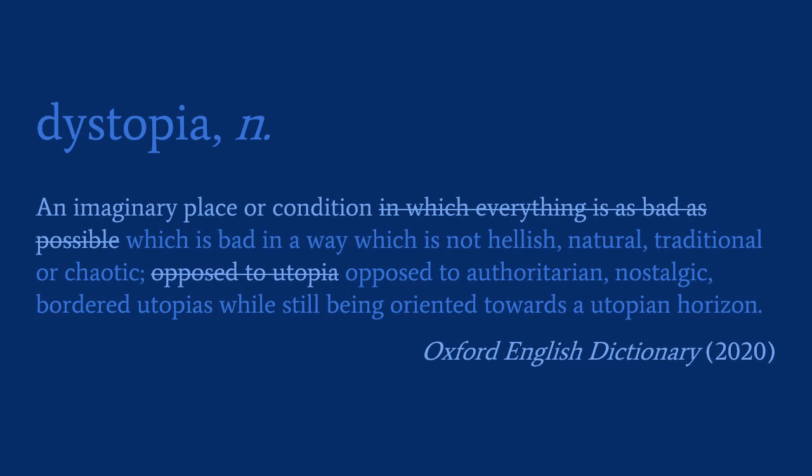And so as it currently stands, and we keep adding to it, the definition reads that a dystopia is an imaginary place or condition which is bad in a way which is not hellish, natural, traditional, or chaotic, opposed not to all utopias, but to authoritarian, nostalgic, bordered utopias, while still being oriented towards a utopian horizon.